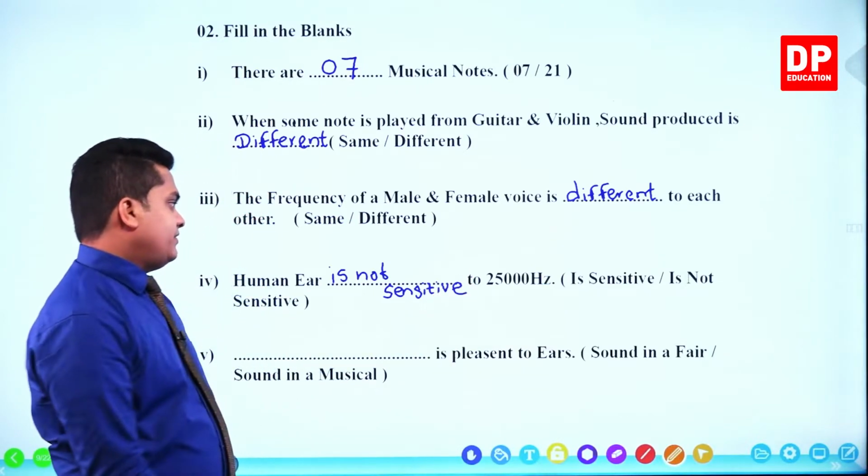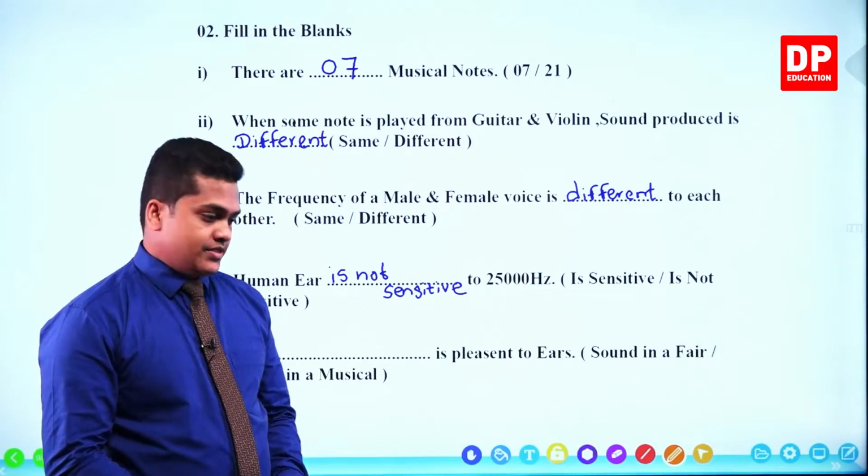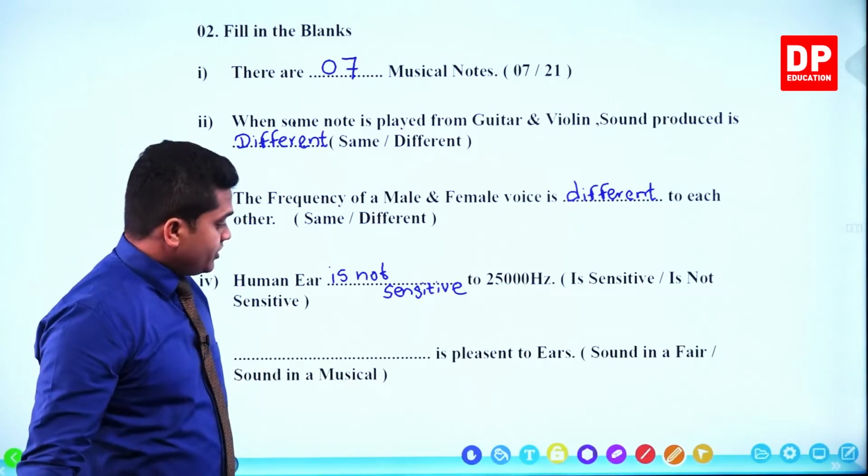The sound is not sensitive to human ears. We'll move on with the next question then.